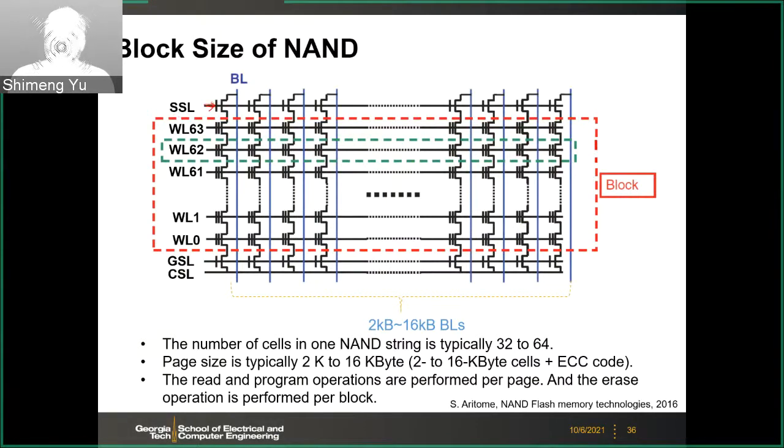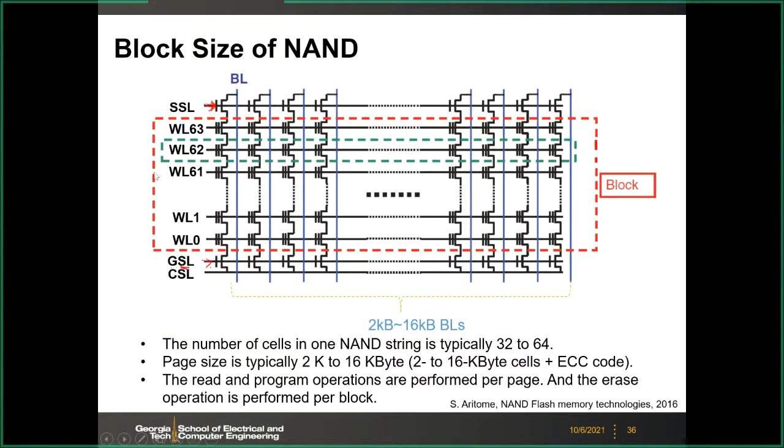This is a regular MOSFET. At the bottom of the string, you have another select, typically called GSL, ground select line, because this is selected to the common source line. The common source line is typically grounded. So this GSL controls the bottom.